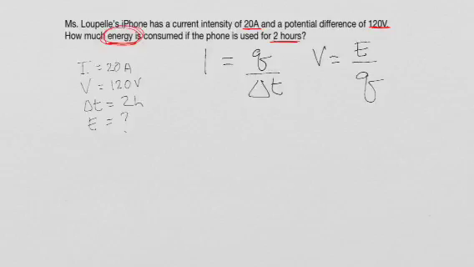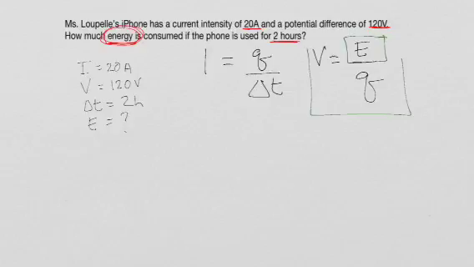Of these 6 variables, which one am I actually trying to solve for? Energy, right? Ultimately, I need to get to this one here. Can I just look at this formula and solve for it? No, why not?